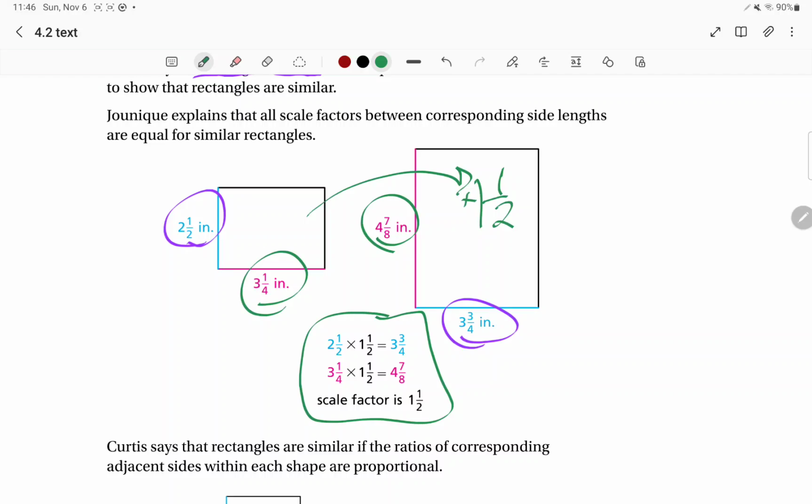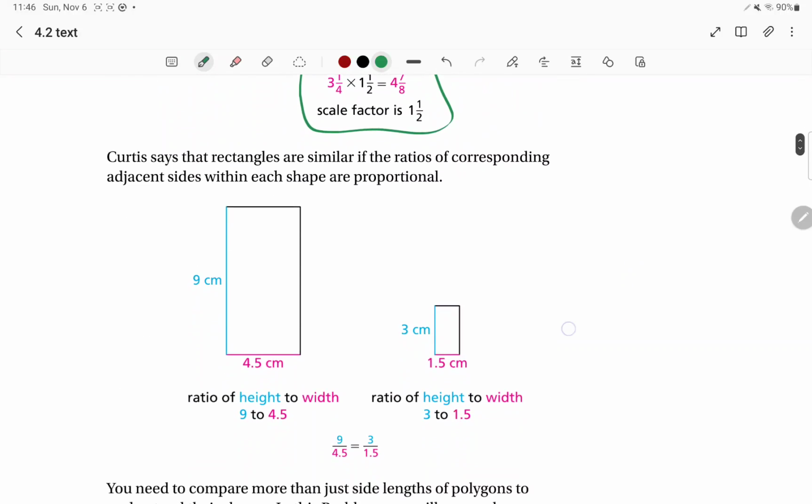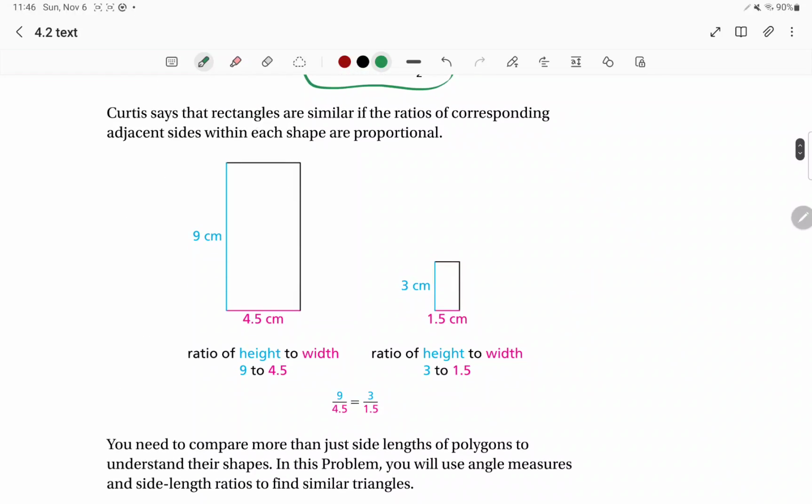Curtis down here says rectangles are similar if the ratios of corresponding adjacent sides, which is what we did in 4.1, are equivalent. So here he's comparing this one to this one and this one to this one, 9 to 4.5, and notices these are equivalent.